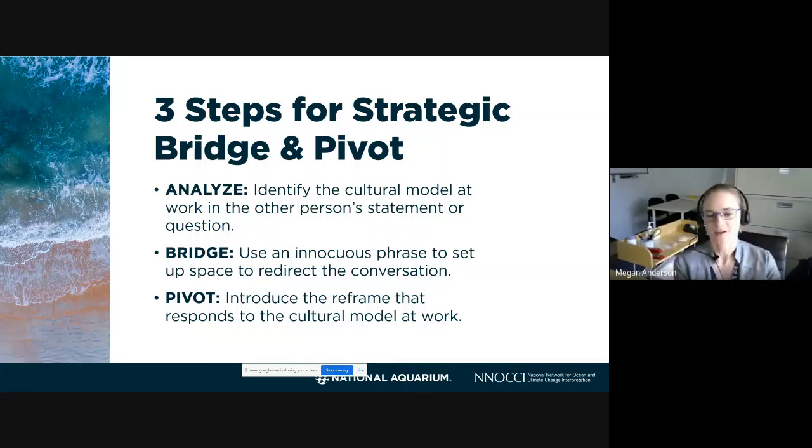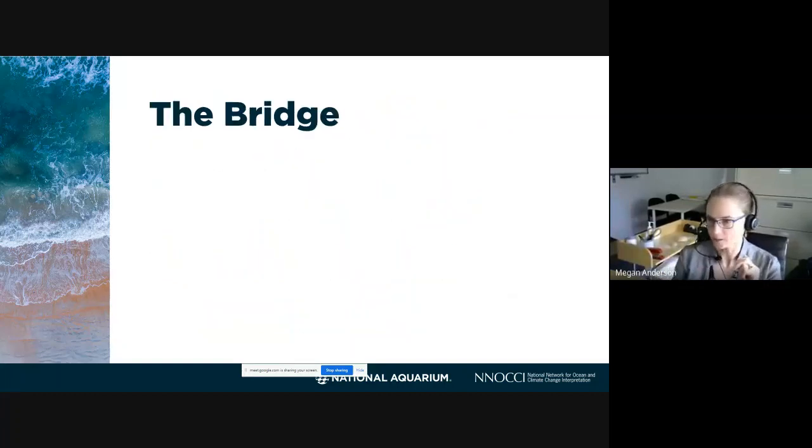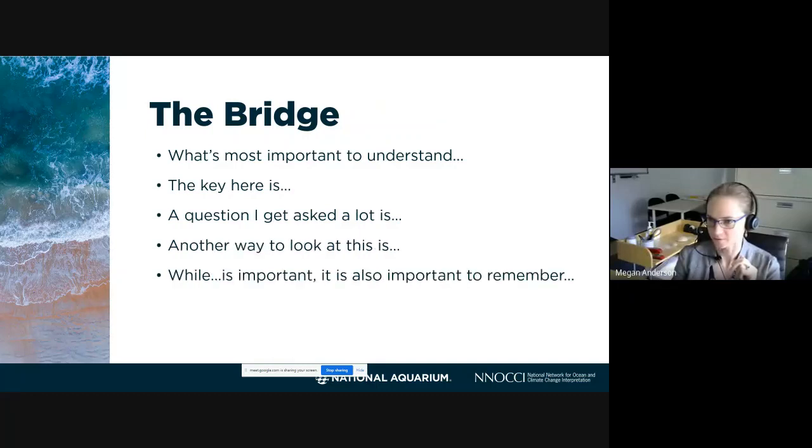Step two is you saying a bridging statement, which is a phrase I'll show you in a second. And then step three is you pivoting, or after saying the bridging statement, getting to the good area of the swamp. Some of the bridging statements are things like, what's most important to understand?